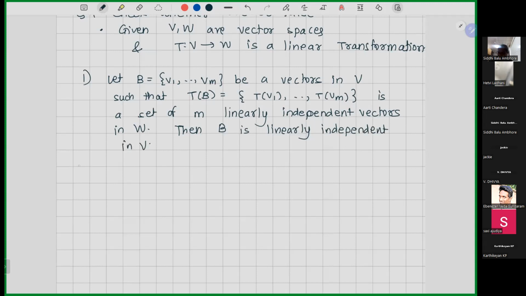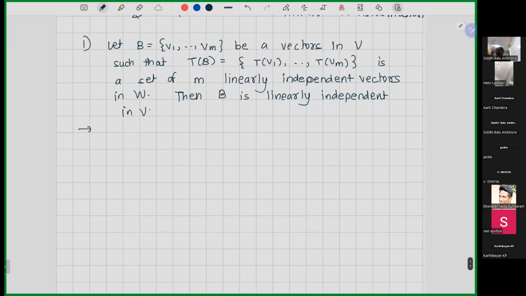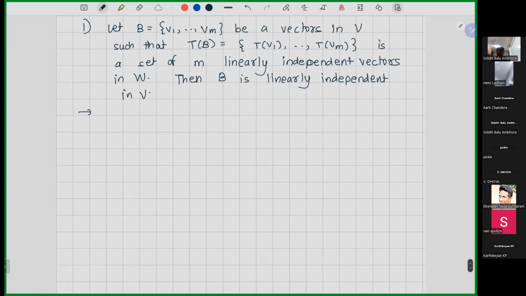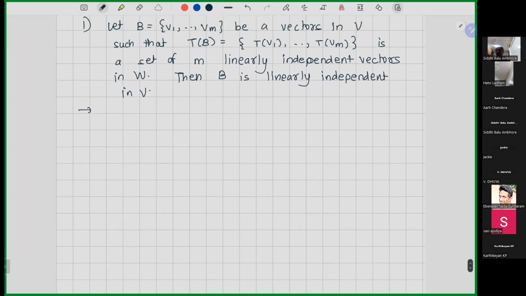So what is your guess for this? T is a linear transformation and B is any set of vectors in V, and TB is a set of vectors in W such that TB is linearly independent. So what can we say about the linear independence of B? Any guesses? Okay, so Divya said that it is false. Okay.